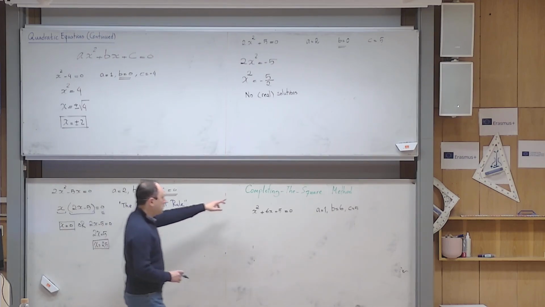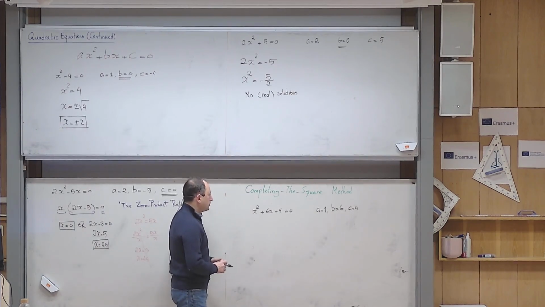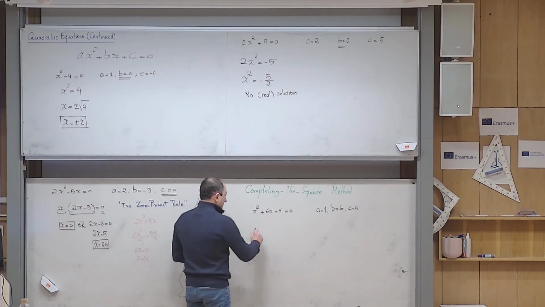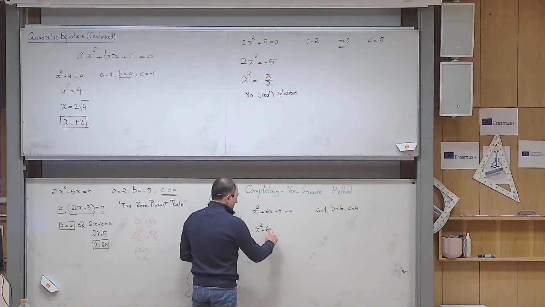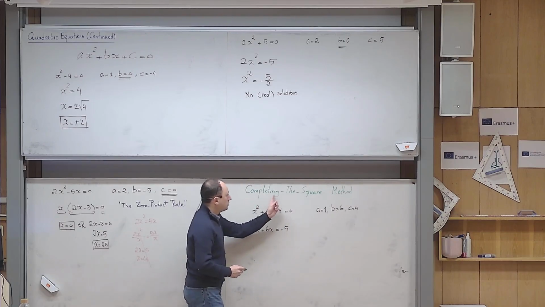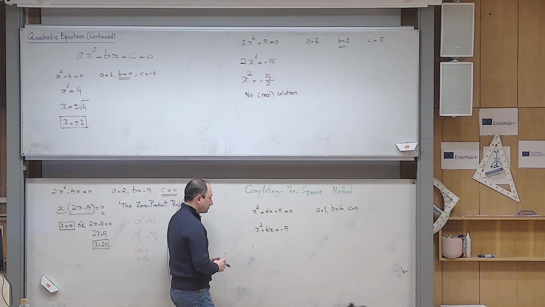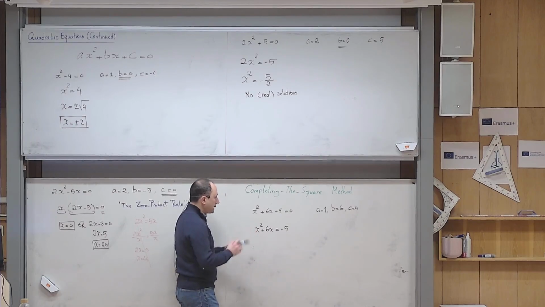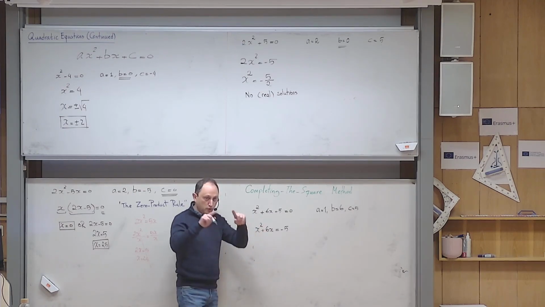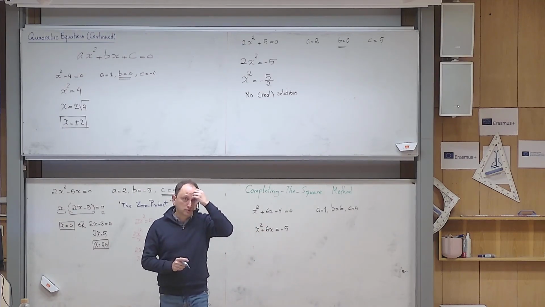I want to describe what you do here. The first thing that you do is to move 5 to the other side. Okay? x squared plus 6x, and then you move it, it becomes minus 5. Why is this called the completing square method? Because you need to ask yourself, what should I add to both sides so that the left-hand side becomes a complete square, meaning that it becomes the answer to a squaring rule?